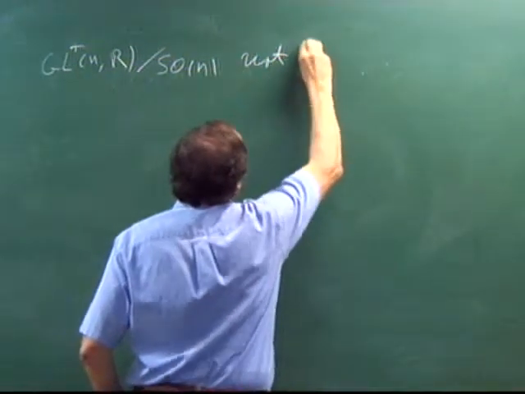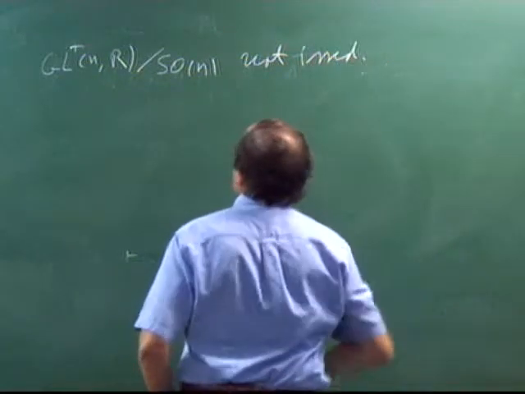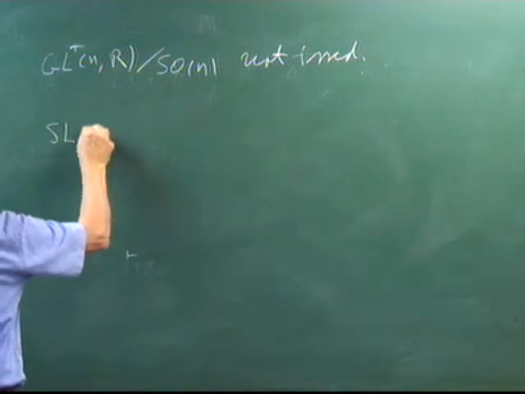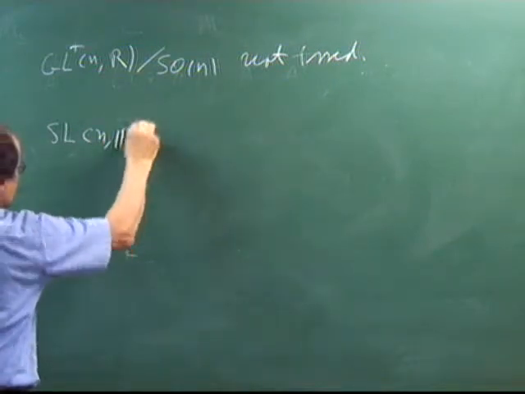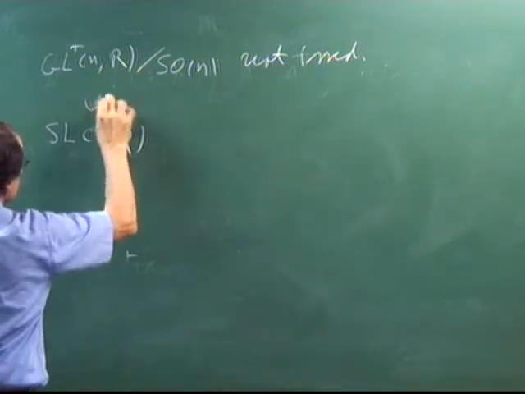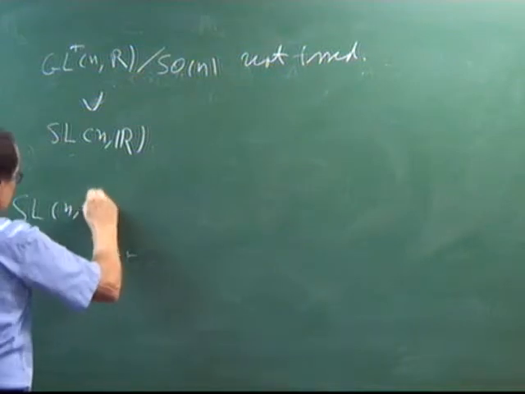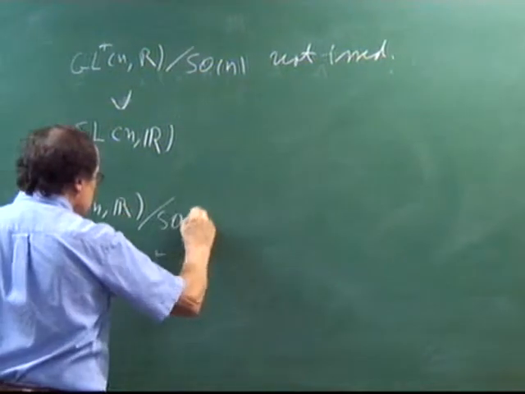As a symmetric space, I can split off something again. Maybe I claim that first you have, of course, an SL(n,R) inside GL(n,R). So I can look at SL(n,R) mod SO(n).